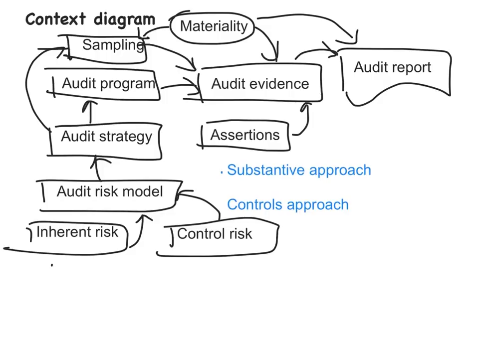If you see that in the book, nobody ever says that. They just say I'm taking the substantive approach or I'm taking the controls approach. Depending on how good my internal control pyramid is and all those components will affect what sort of strategy I'm taking here, okay?